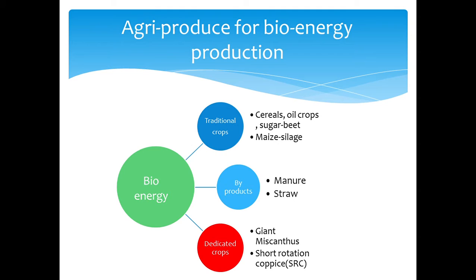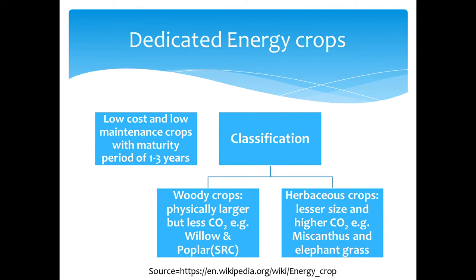The other type is dedicated energy crops such as miscanthus and short rotation coppicing. Dedicated energy crops are those crops which are low cost and have very low maintenance with a maturity period of around 1 to 3 years. They are classified on basis of physical characteristics.